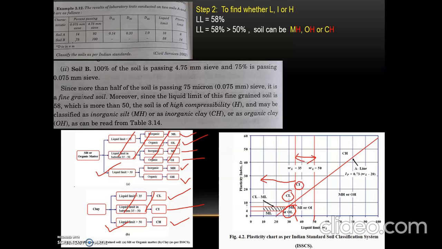Then if the liquid limit is greater than 50%, then it can be MH, it can be OH, or it can be CH, and the same can be seen from the plasticity chart here.